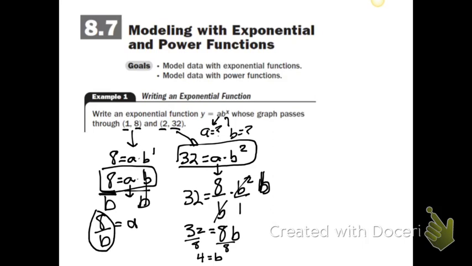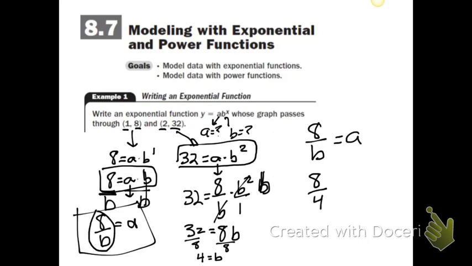Now that we have 4 for b, we should be able to figure out a using that equation to the left that we already solved for a. So if I have 8 over b equals a, but I know that b equals 4, I can put in 4 for b, and I can figure out that a is really 2.